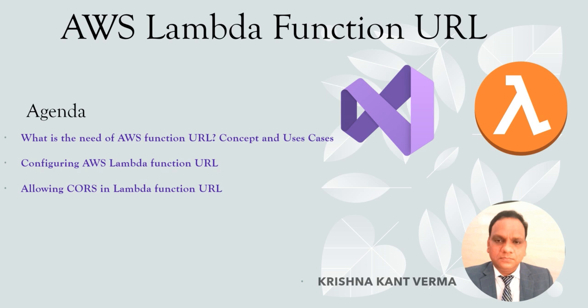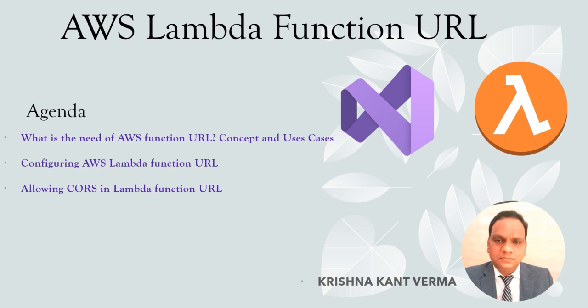Okay, this time we will trigger the function differently. We will develop the function, and we will generate a function URL, a browser URL. And from the browser we will hit that particular function URL and we will see the response.